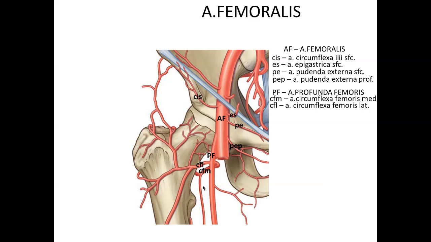Sure, you can ask me why arteria circumflexa femoris medialis is called this way, but we have designated it in the same region as circumflexa femoris lateralis. The name of this artery depends on the point of origination.